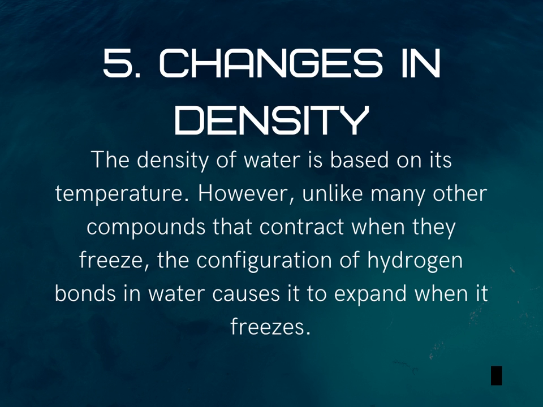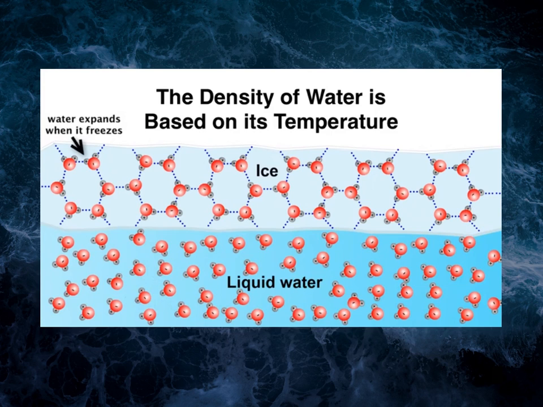The density of water is based on its temperature. However, unlike many other compounds that contract when they freeze, the configuration of hydrogen bonds in water causes it to expand when it freezes. This expansion causes ice to have a lower density than liquid water, and therefore, ice floats.